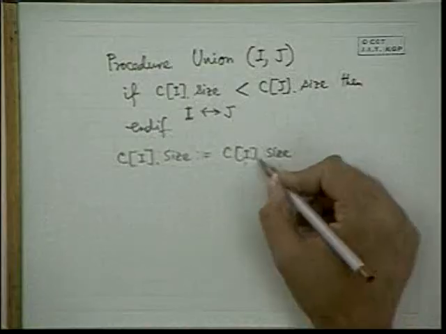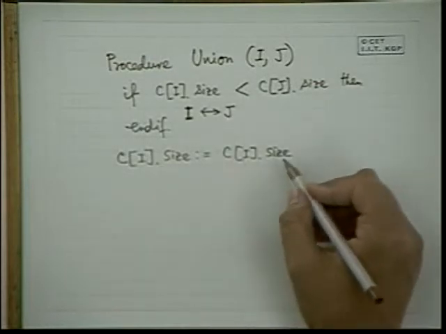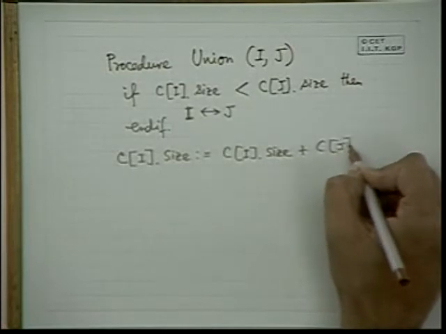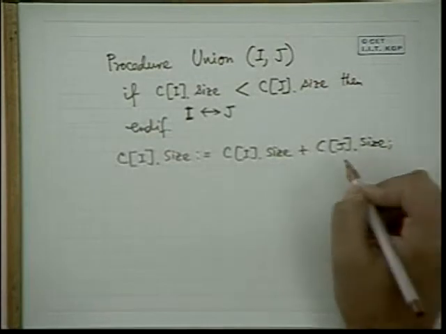The size field has to be changed also: Ci.size should be Ci.size plus Cj.size. You maintain the size field for later operations.